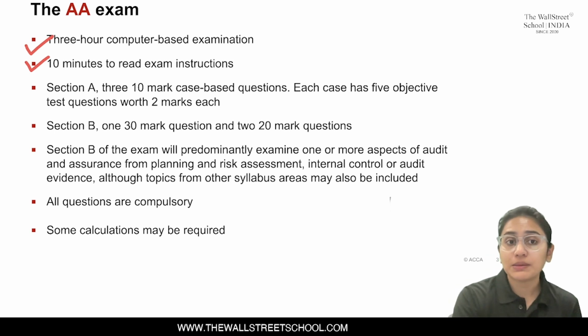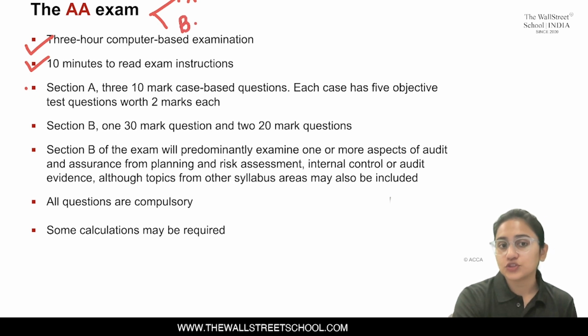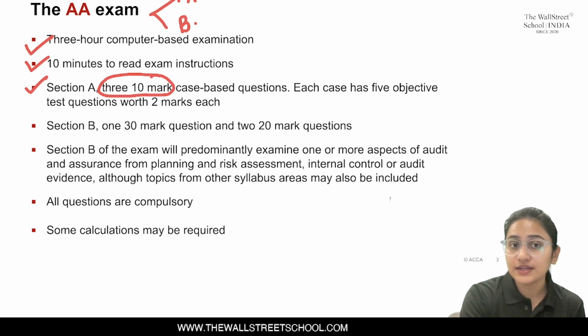Then your paper is divided into 2 sections. We have section A and we have section B. So what is there in section A? In section A, we have 3 10-mark case-based questions. So basically, your section A is total 30 marks and your section B is total 70 marks.